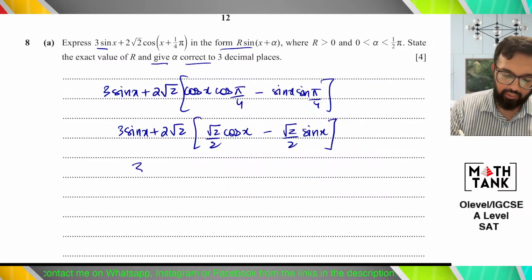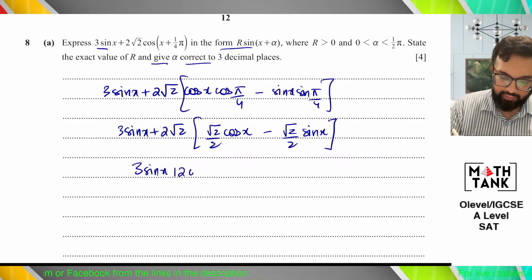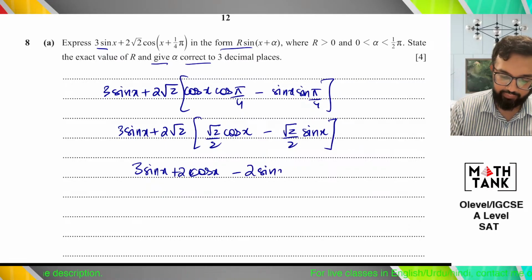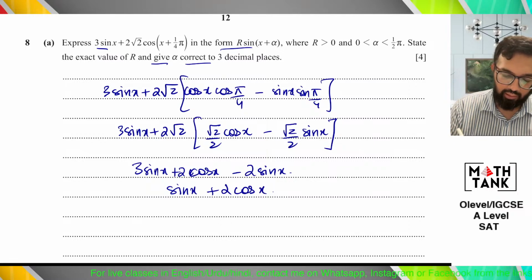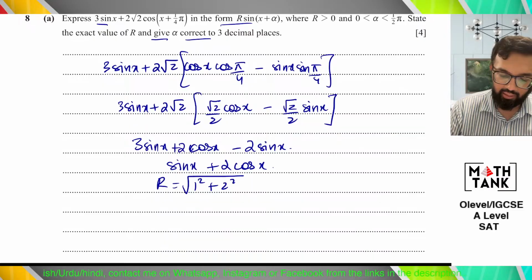Okay, so we're expanding this bracket will give me 2 cos x minus 2 sin x. ये बन जाएगा sin x plus 2 cos x. और R का फॉर्मूला होता है रूट ऑफ 1 स्क्वायर प्लस 2 स्क्वायर बनेगा. A and B are the coefficients of sin and cos.